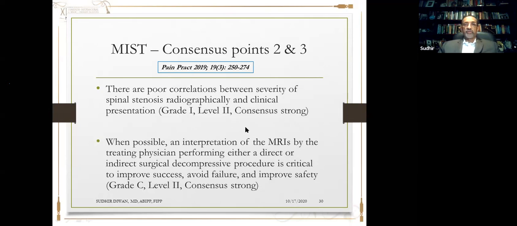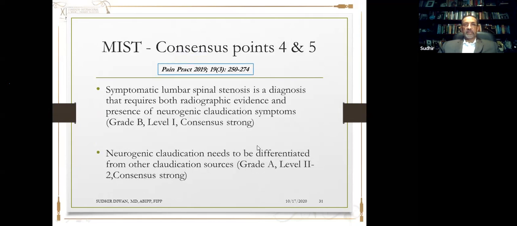So you should be reading the MRI study yourself and measuring the thickness of the ligamentum flavum. Symptomatic lumbar spinal stenosis is a diagnosis that requires both radiologic evidence and neurogenic claudication. Just one of these is not good enough to treat the stenosis.